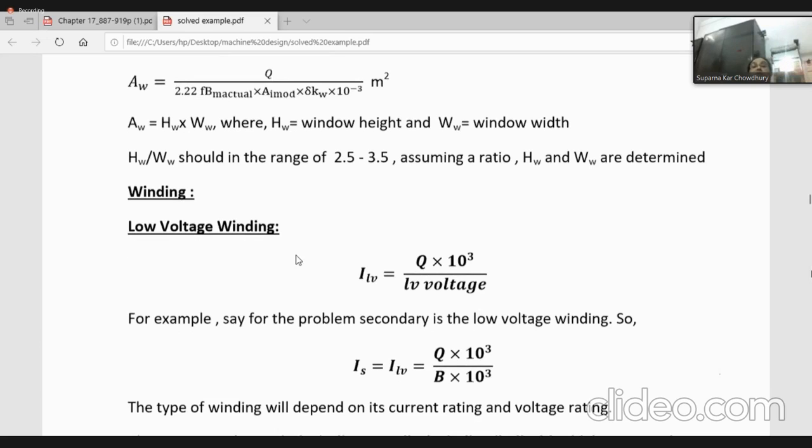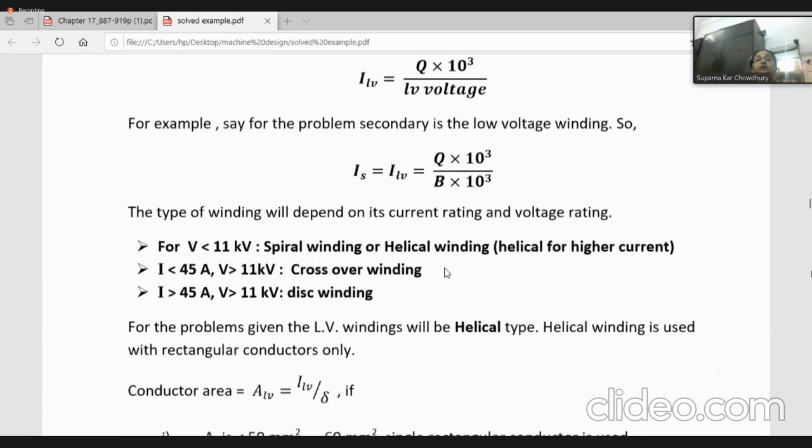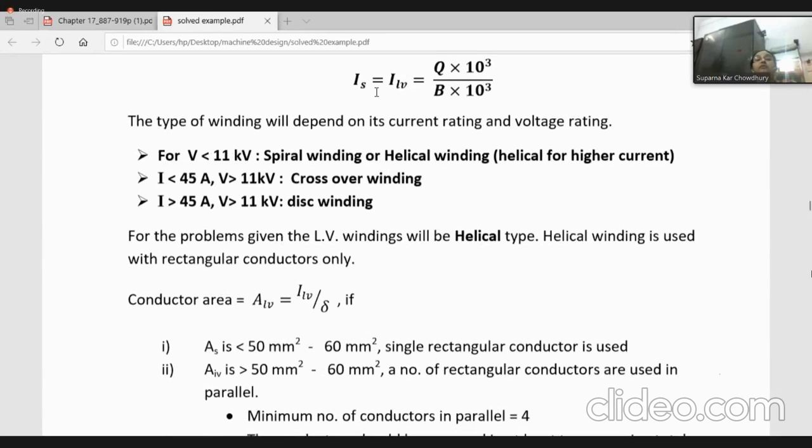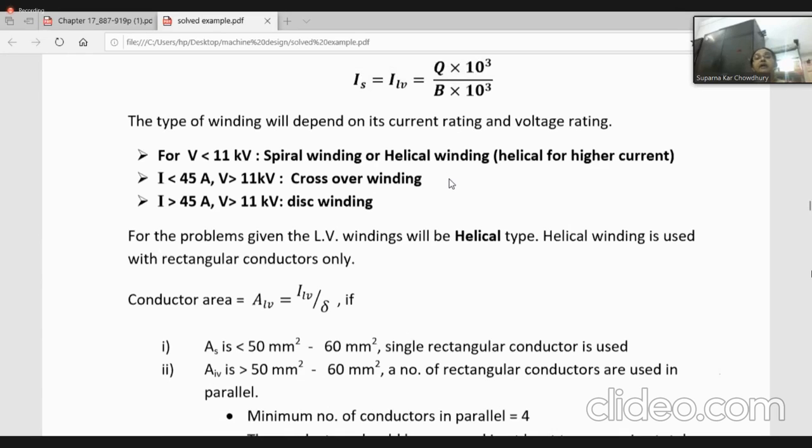Now next is the low voltage winding. The low voltage current will be the kVA rating divided by the low voltage voltage. Now the type of winding depends on the current rating and voltage rating. If less than 11 kV, we go for spiral or helical winding.